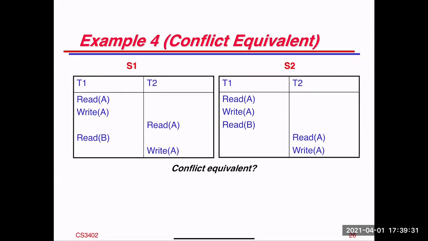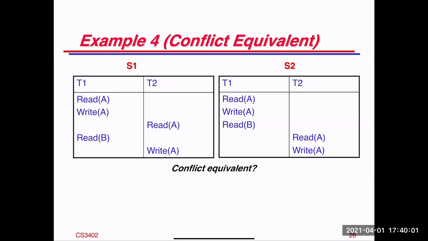Okay. And most of you are saying yes, and that is the correct answer, right? So these are conflict equivalent because you can see that the order of the conflicting operations is exactly the same in both schedules, right?